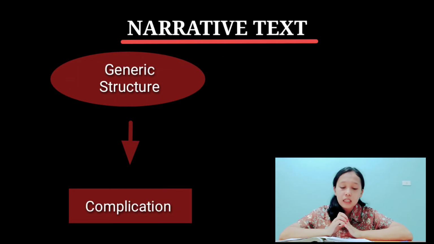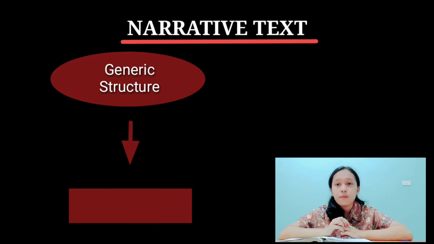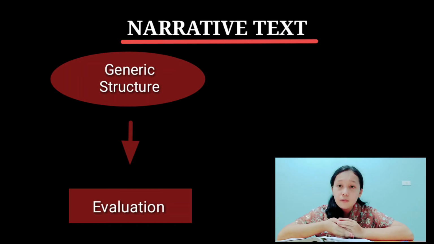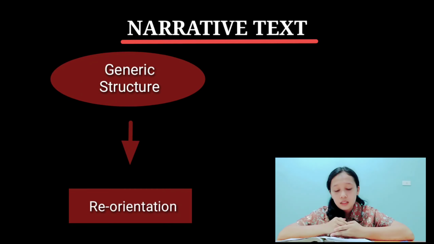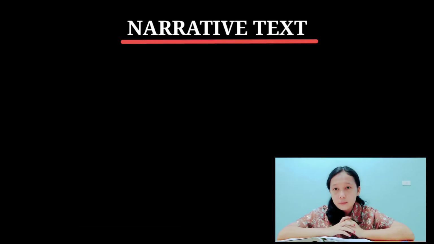The complication is where the problems in the story develop. The third is evaluation. What is the evaluation of the story? And the last is reorientation. Reorientation is what is the lesson from the story.